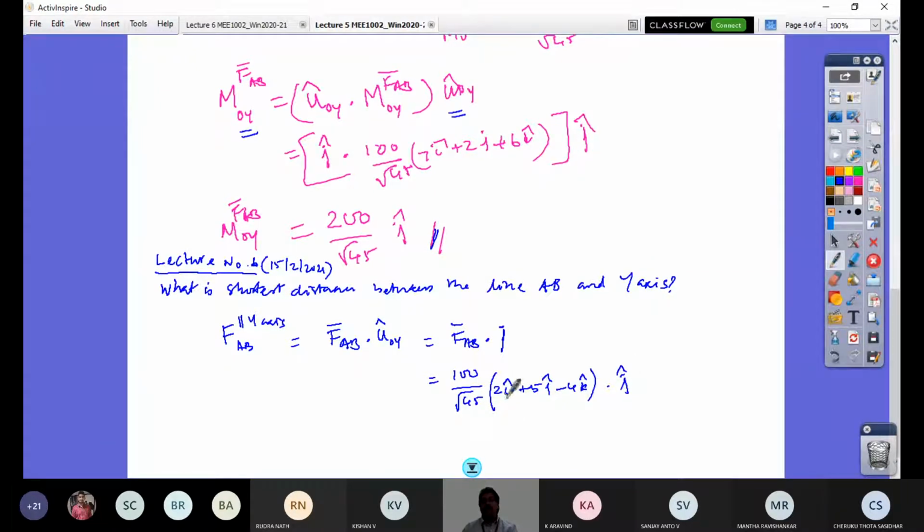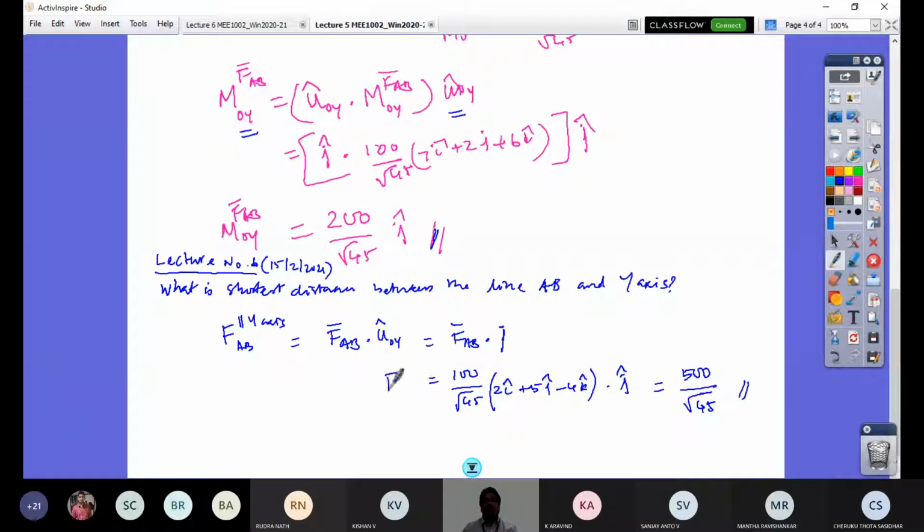You know i dot j is 0, because the i vector and j vector are perpendicular, so the dot product is 0. Because i dot j is the product of magnitudes times cos of the angle between them, cos 90 degrees is 0, that you know. And j dot j is 1, k dot j is 0. So I will get 500 by root 45 as the magnitude of this force component.